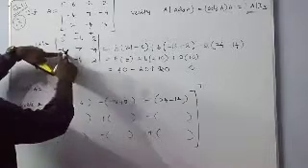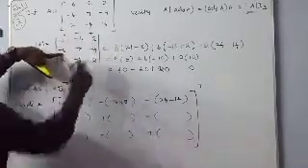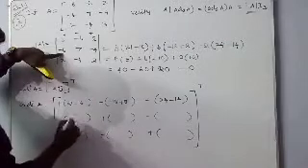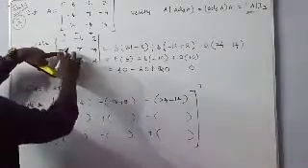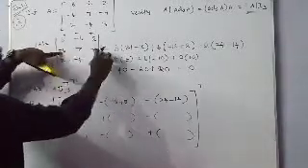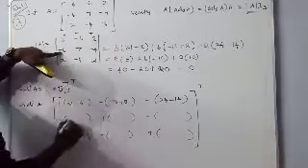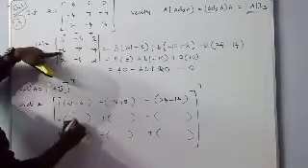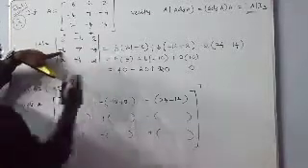Minus 6. The cofactor of minus 6 is, leave this column and this row. What is the value? 21. Sorry, leave minus 6, so this row and this column, minus 18. Minus 18, and this one is plus 8.